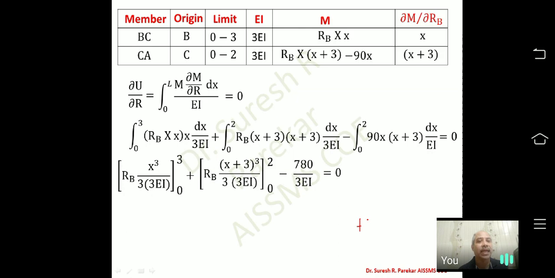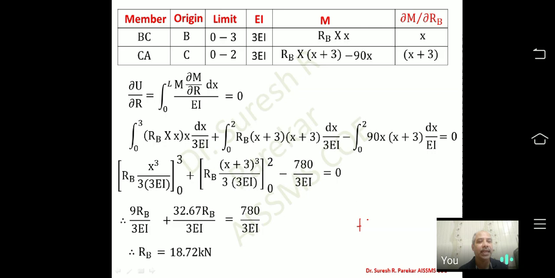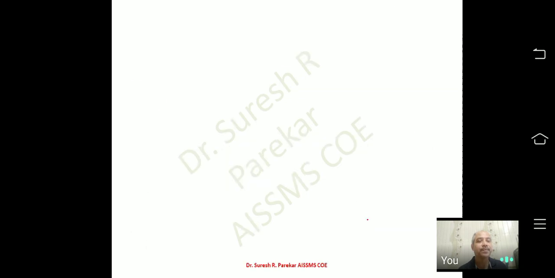So we have 90x into x plus 3 dx upon EI is 780, and then 3 EI gets cancelled from all, and we have therefore 9 RB plus 32.67 RB equal to 780 upon 3. 3 EI I have not considered because that will be cancelled from all, and I will get value of RB 18.72 kilonewton.